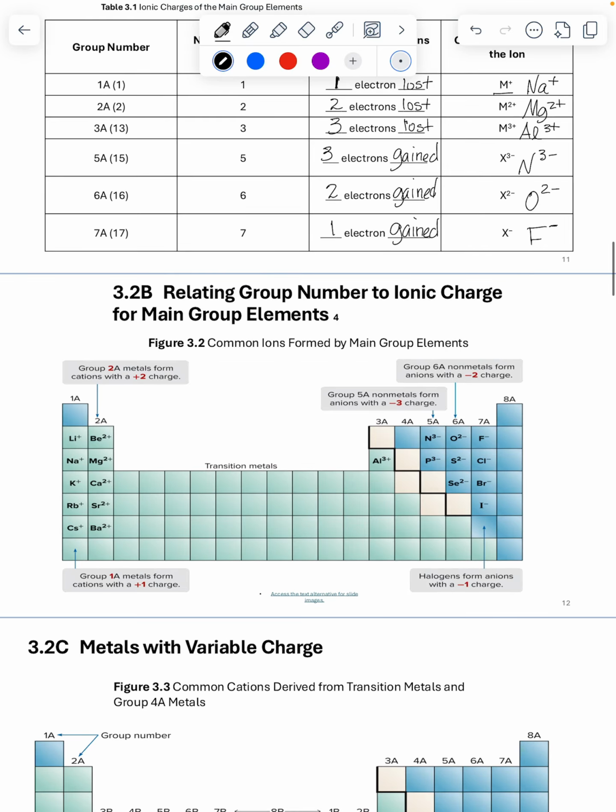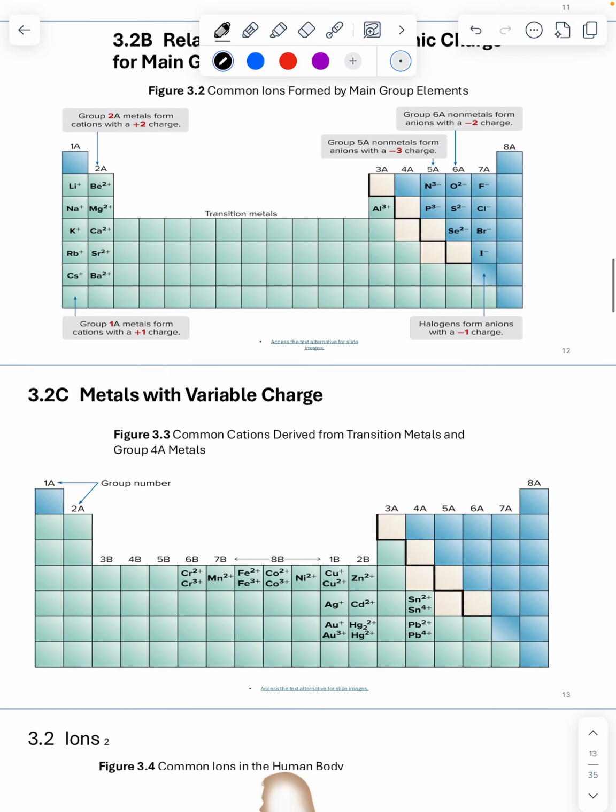Let me just write on this one for you to show you. So I would just take my pen and I would put a +1 here, +2, we'll go over here to +3, then we have -3, -2, -1.